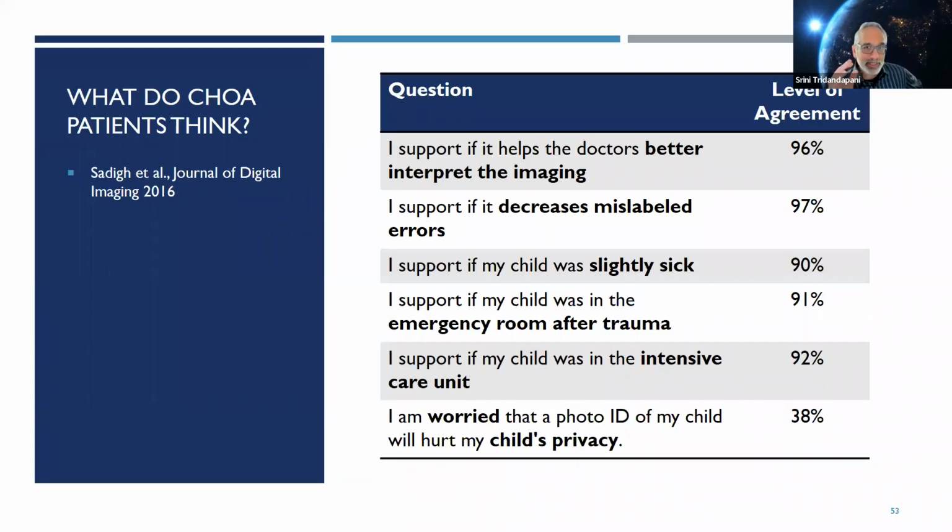But having said all of that, I think the question was an appropriate question that the student asked. She said, well, people are going to be concerned about their privacy. So we went ahead and talked to 500 patients in the Children's Health of Atlanta. We thought that people are more concerned about their kids' privacy than their own privacy. So we asked them, are you worried about privacy?